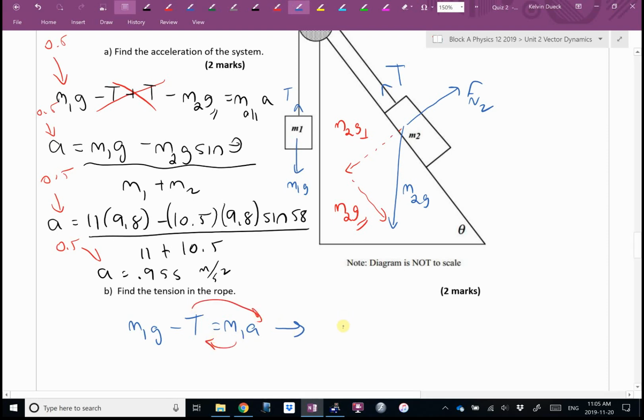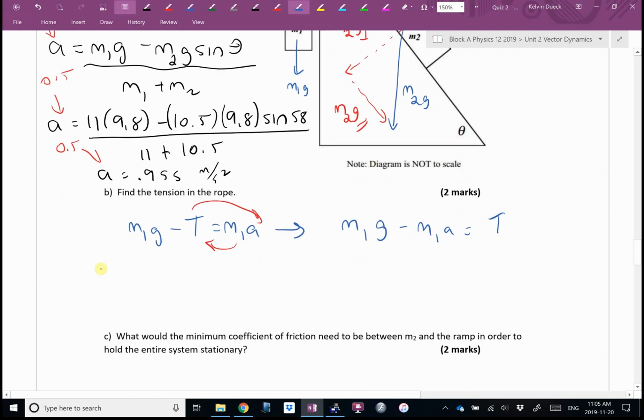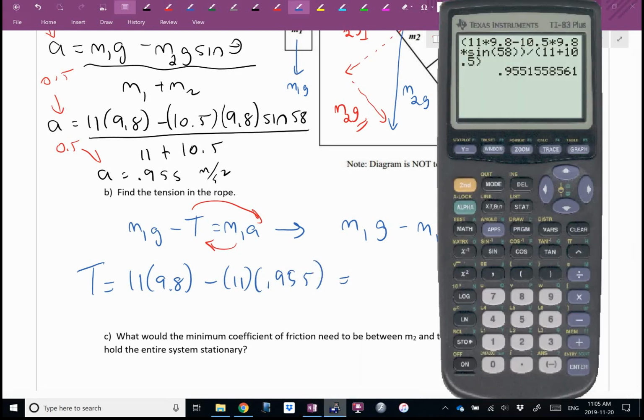M1G minus M1A equals tension. So tension is going to be M1 11, G 9.8 minus M1 11, A 0.955.